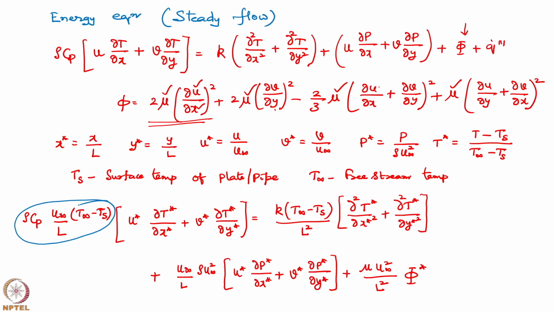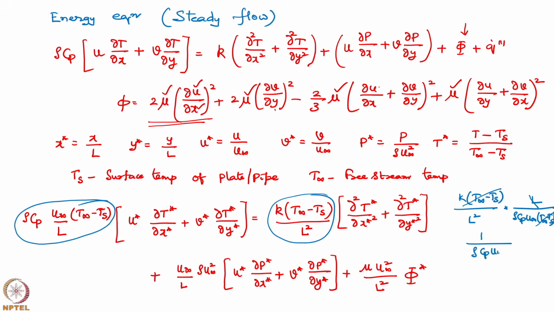Okay. Let us take up one by one and divide. If I take up this term, that is k into T infinity minus Ts divided by L squared, into rho Cp u infinity into T infinity minus Ts by L. So, T infinity minus Ts cancels with T infinity minus Ts, and I have 1 by rho Cp u infinity L coming here in this term. Similarly, what do I get for rho u infinity squared?